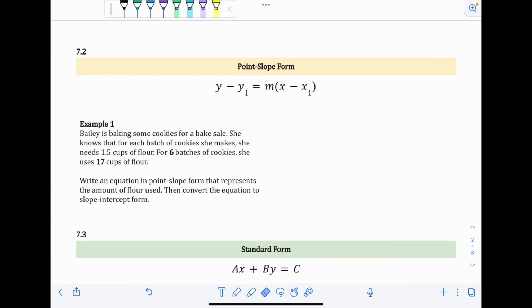7.2 is point slope form, which the name kind of tells you exactly what you need to be able to use this form. You need a point and the slope. So point slope form is y minus y1 equals m times x minus x1. And m has the same meaning here, it's the slope.